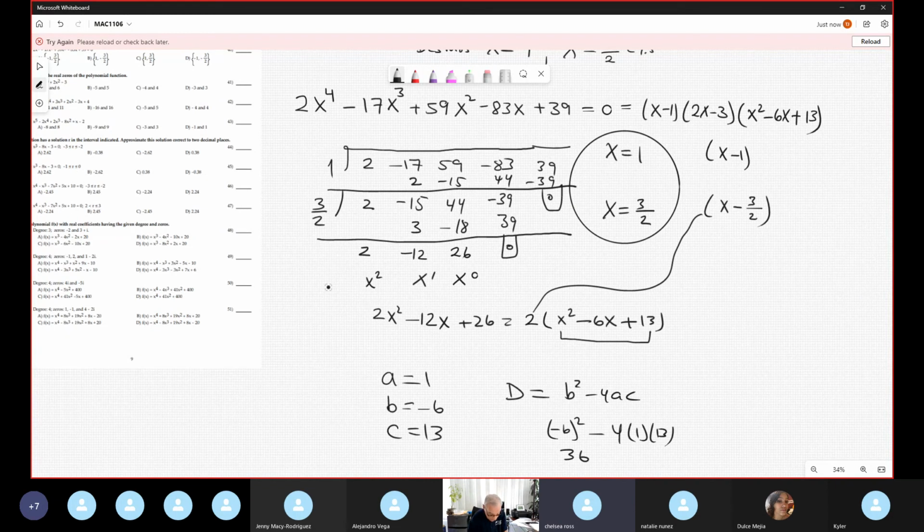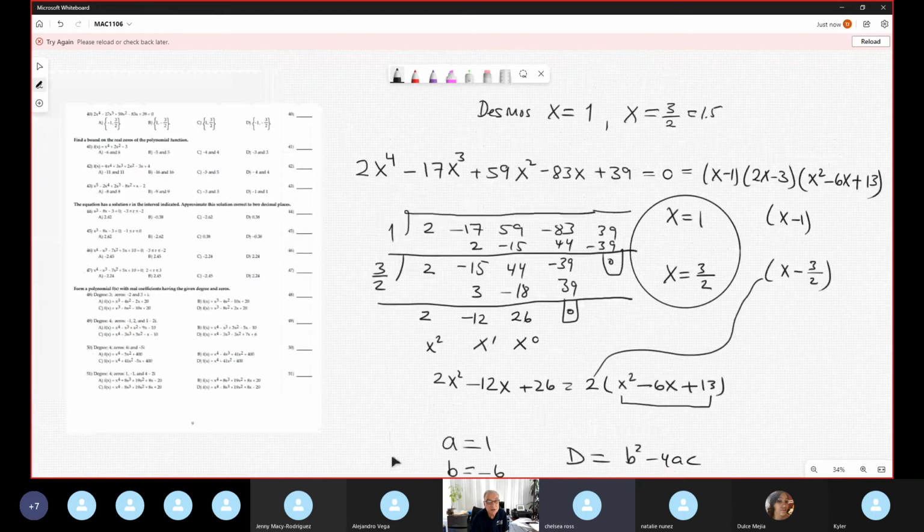And when you multiply 13 times 4, it's 52. So 36 minus 52 is negative 16. Nice. And negative, therefore, conclusion, this is an irreducible quadratic expression. But the important information for me now is the real zeros. And the real zeros are 1 and 3 half positive. Boom, like option C, no? Yes. Like option C. Cool?